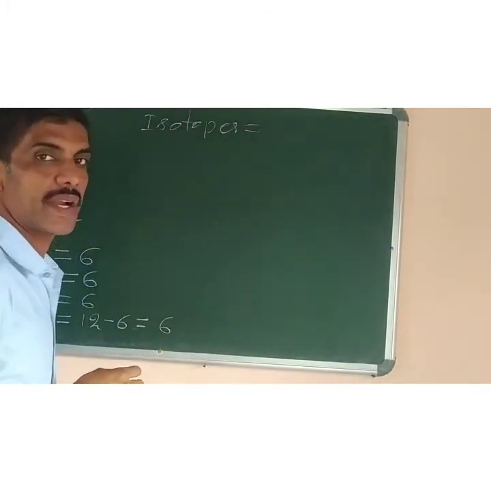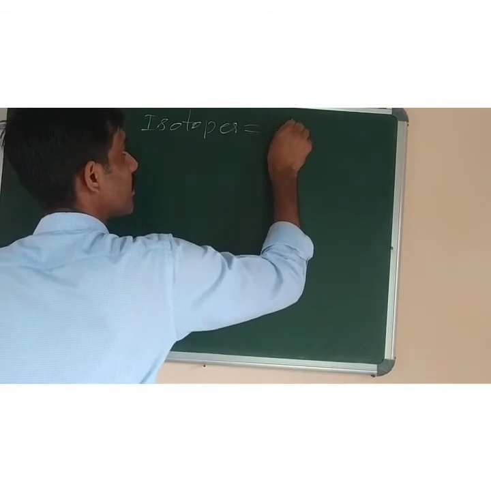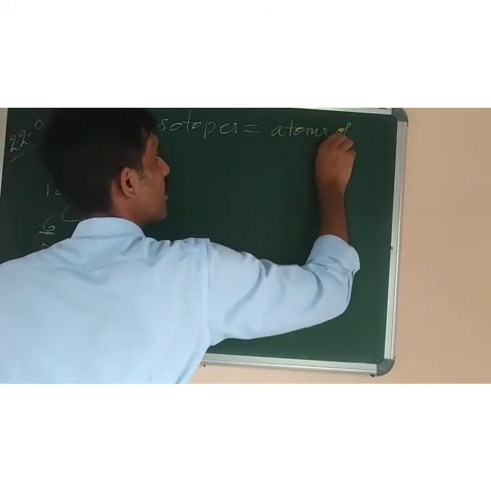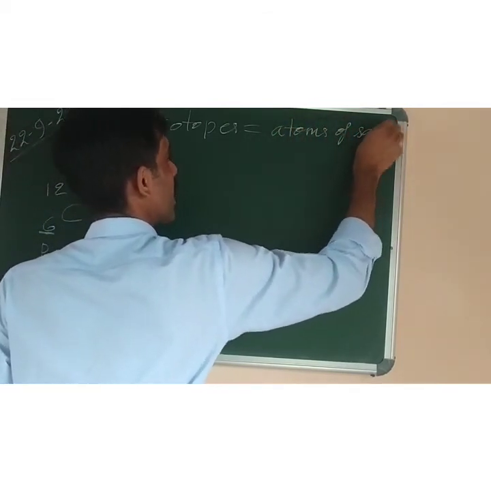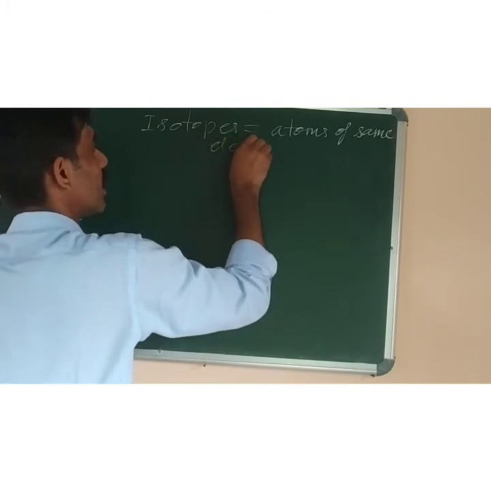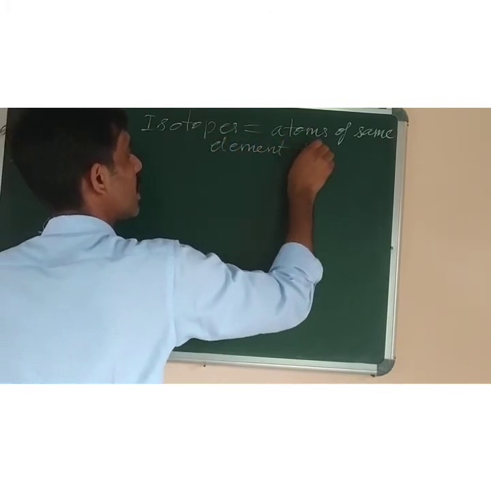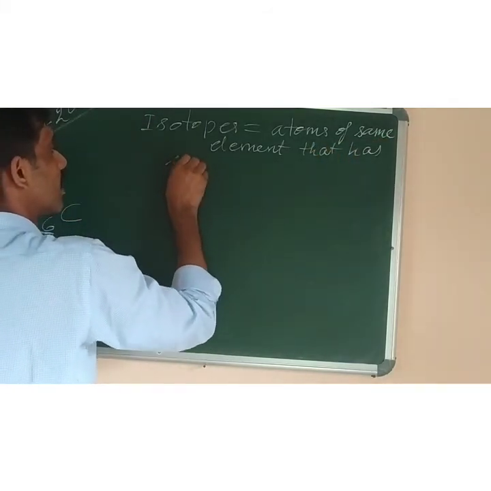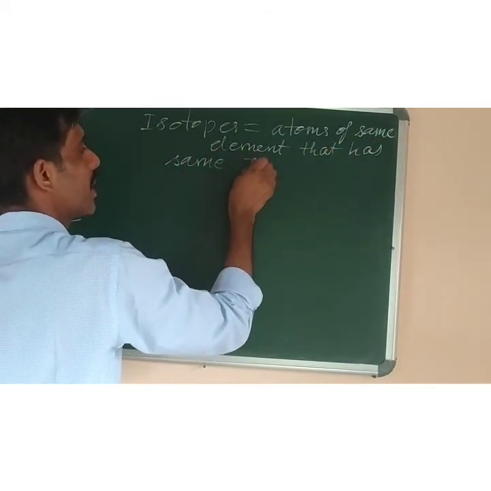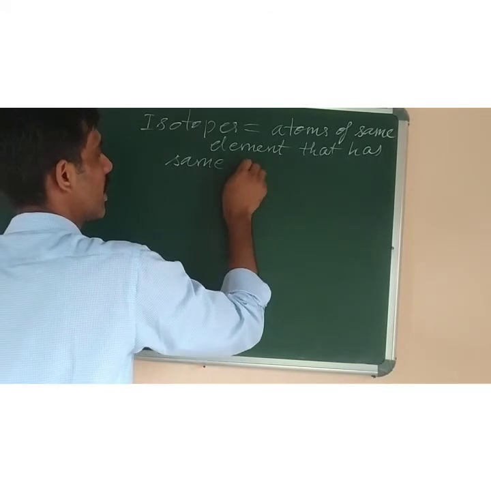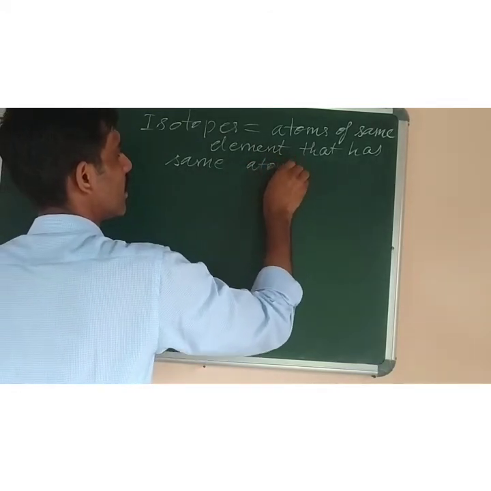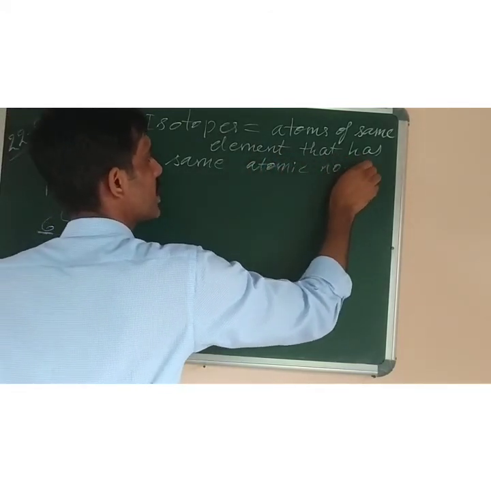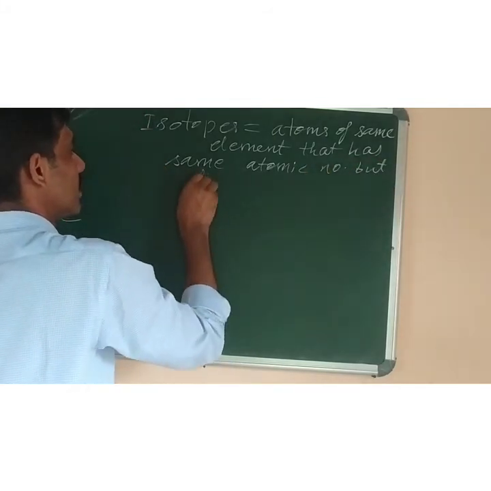Isotopes means atoms of the same element that have the same atomic number, Z means atomic number, but different mass numbers.